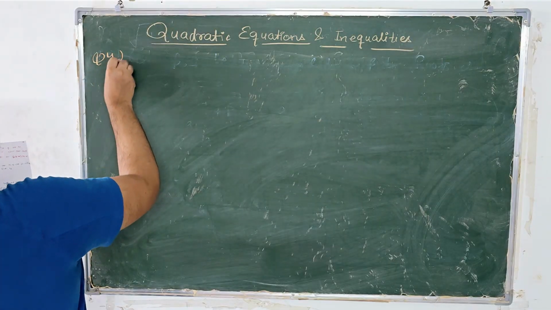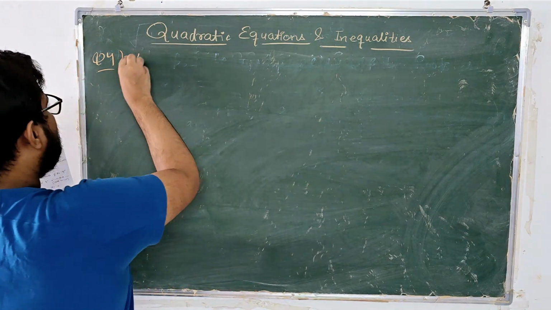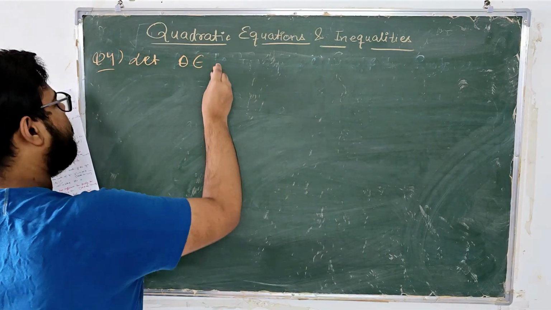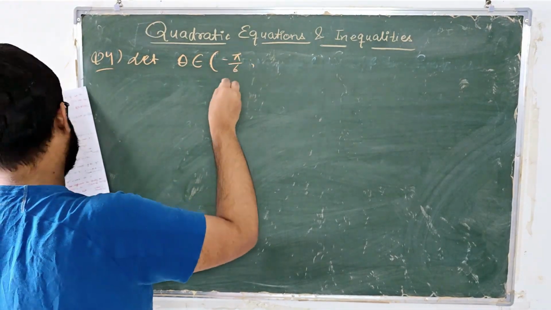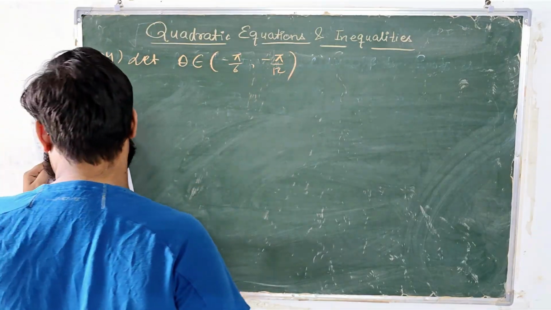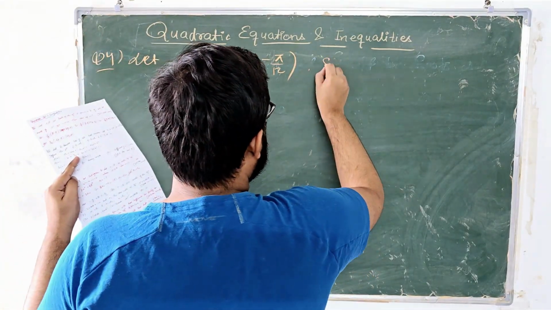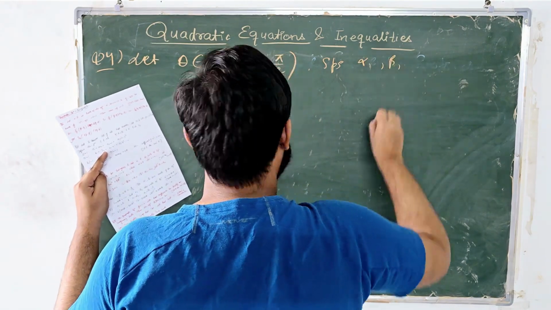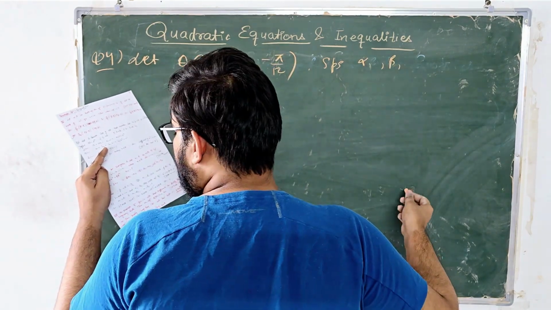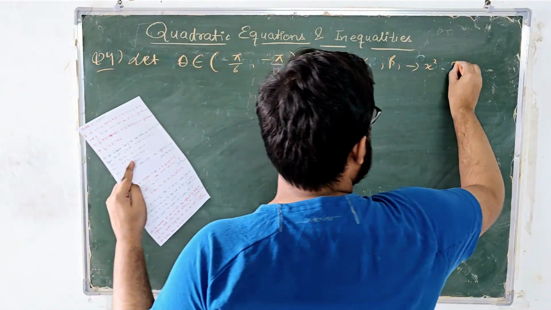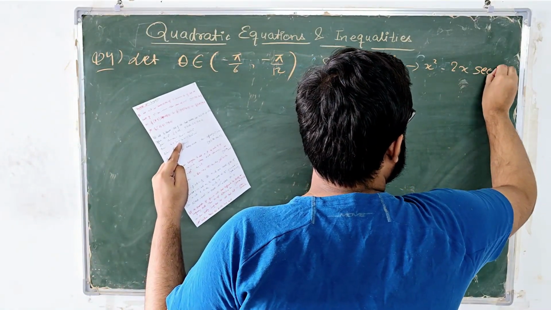Question number 4. Let theta belong from minus pi by 6 to minus pi by 12. Suppose alpha 1, beta 1 are the roots of the equation x square minus 2x plus 1 is equal to 0. I am not writing the complete question, but this is the meaning.